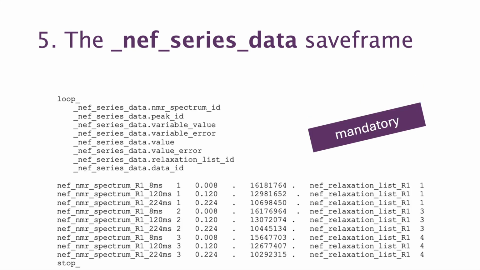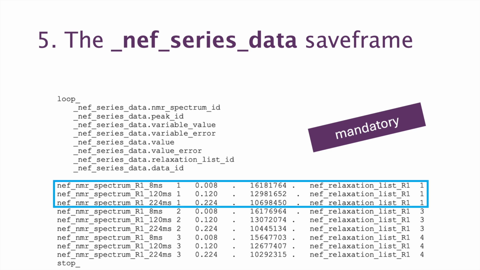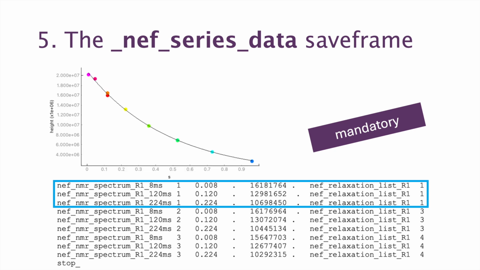And then there is the mandatory NEF series data loop. Note that this essentially consists of groups of rows which correspond to our individual graphs, in this case again an R1 decay curve. So here we have 3 different peaks from 3 different spectra.